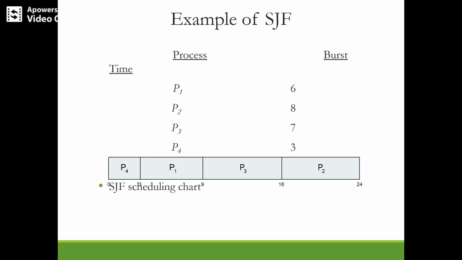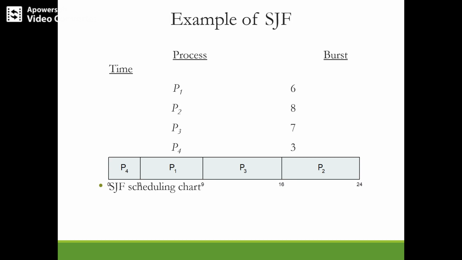So the average waiting time: for process P1 the waiting time is 3 milliseconds. For process P2 the waiting time is 16 milliseconds. For process P3, it has to wait for 9 milliseconds, and process P4 is going to wait for 0 milliseconds.